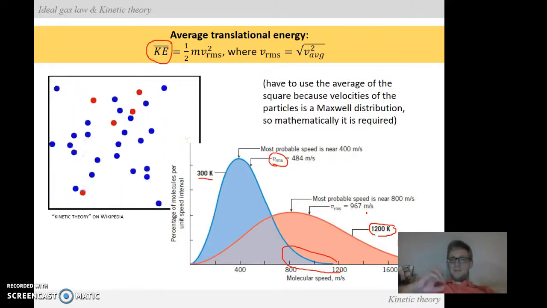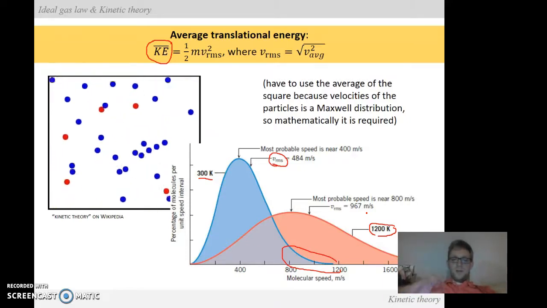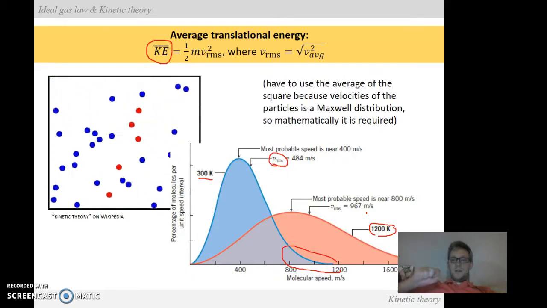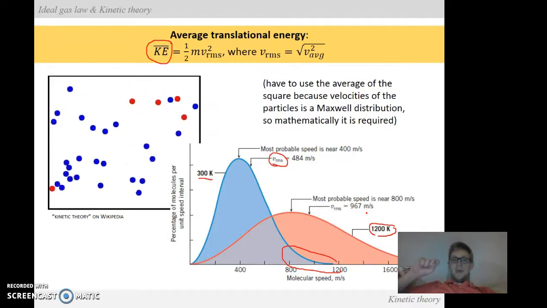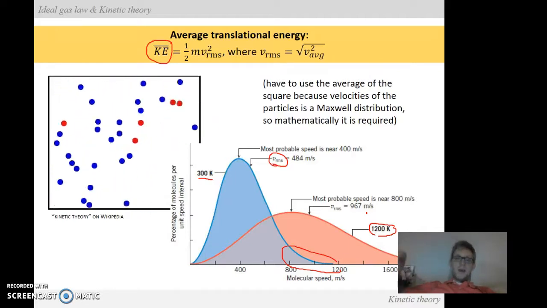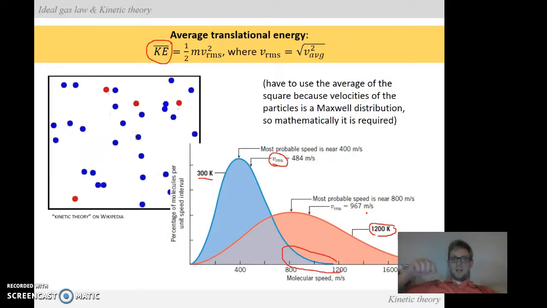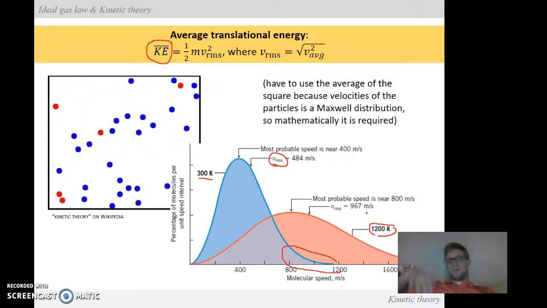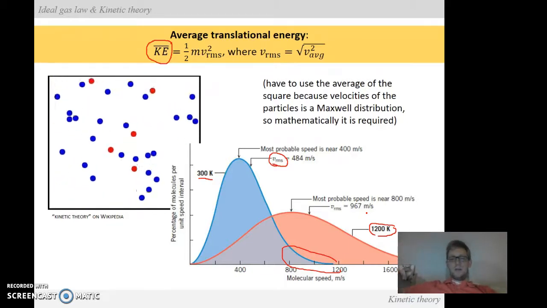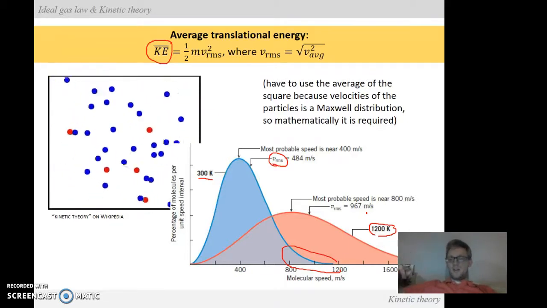This is an important concept to know. This VRMS is the square root of the average of the squares, and we use that VRMS in our average kinetic energy calculation in order to get the average translational energy of the system we're talking about, with the Brownian motion and the kinetic energy.